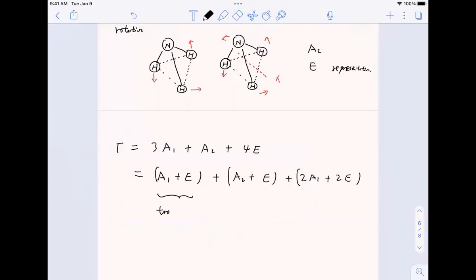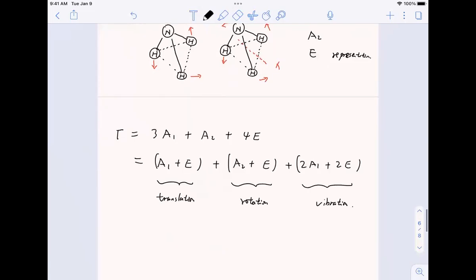This will be translation. This will be rotation. And the rest are all vibrations. So these are the decomposition of vibration. Is that okay? Do you have any questions?